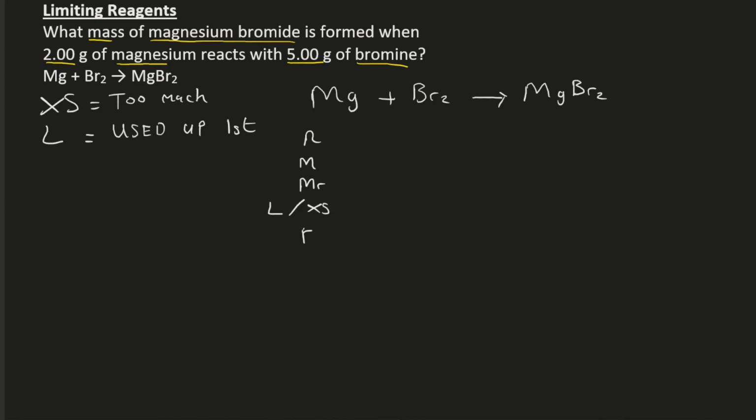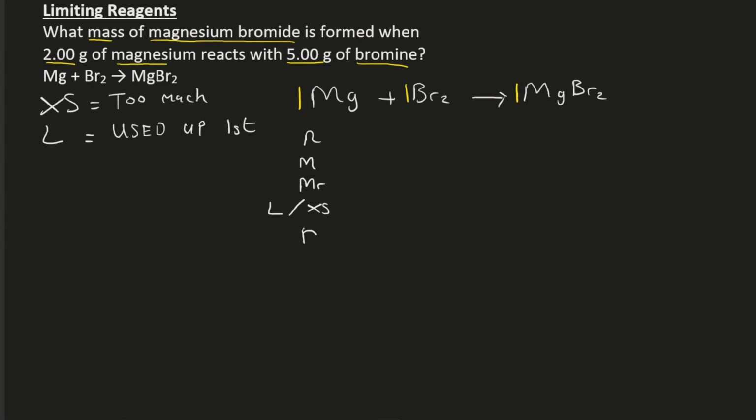And what I'll also put here, I'll put ratio here because the molar ratio is very important. Now the molar ratio, there is no number in front of these, i.e. the coefficient, so let's just assume that these are all now going to be 1, which I've written in yellow.